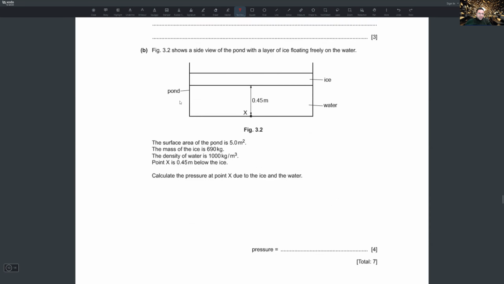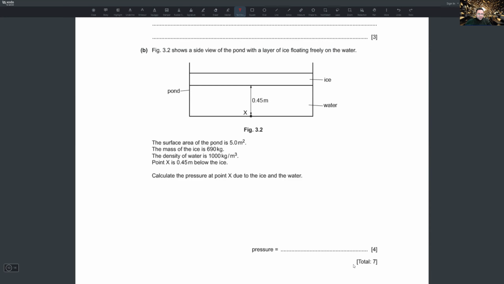Next, figure 3.2 shows a side view of the pond with a layer of ice floating freely on the water. The surface area of the pond is 5 meters squared. The mass of the ice is 690 kilograms.